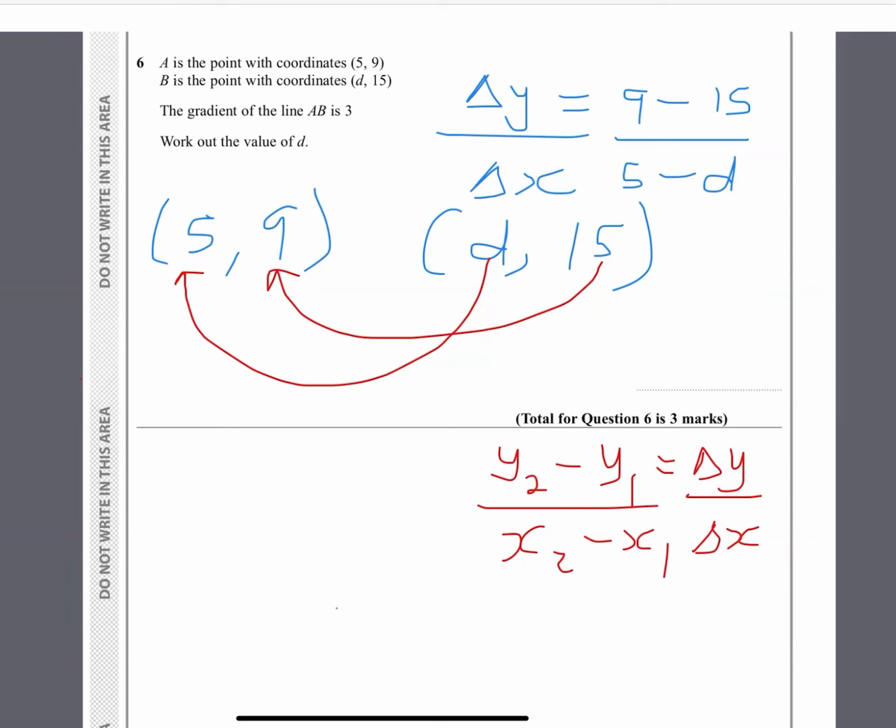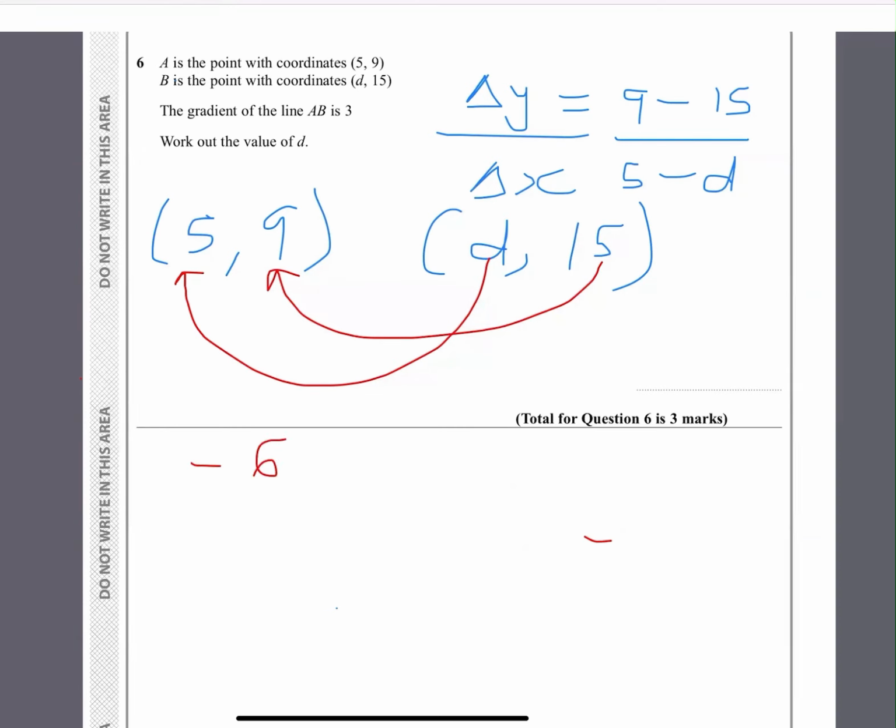So we can come back here and say that 9 minus 15 is minus 6, divided by 5 minus t, is equal to the gradient, which in this question was given to us as 3.